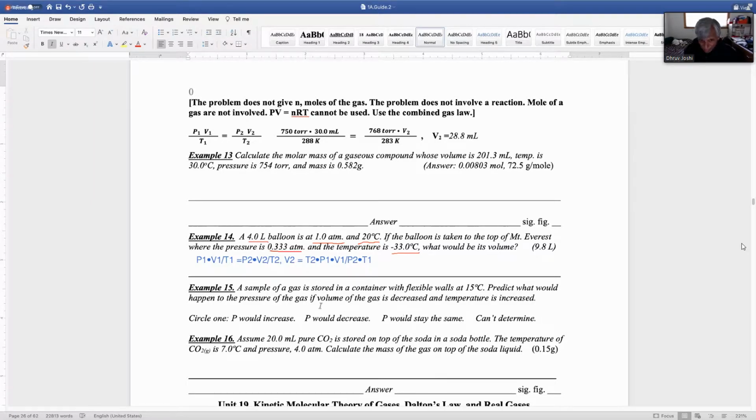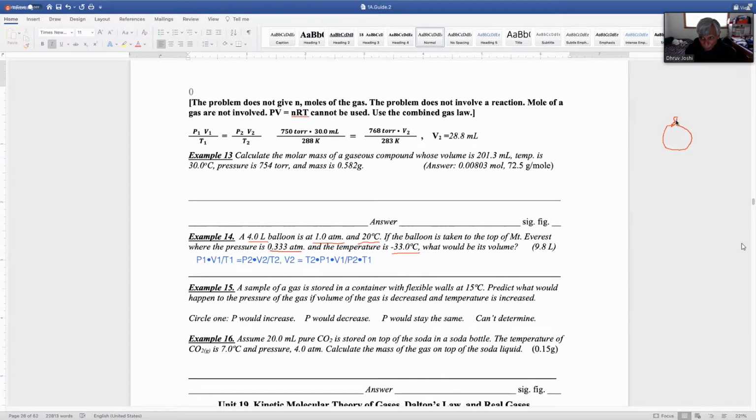All right, let's see. Stored in a container with flexible walls at 15 degrees Celsius. Nothing is happening so far. Predict what would happen to the pressure of the gas if the volume of the gas is decreased. So what I would do is a little drawing. This is the beginning.